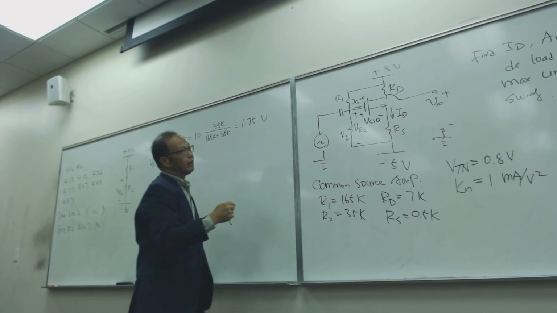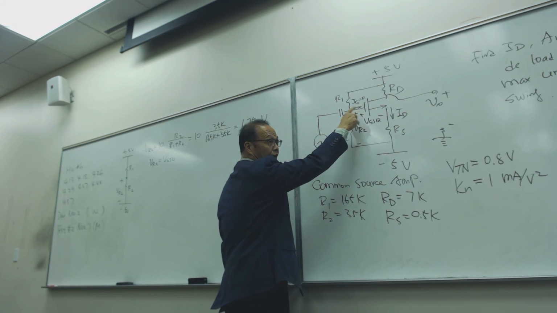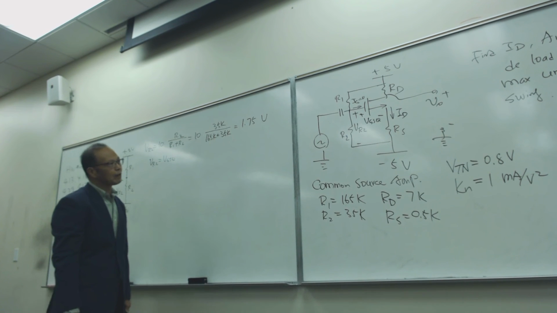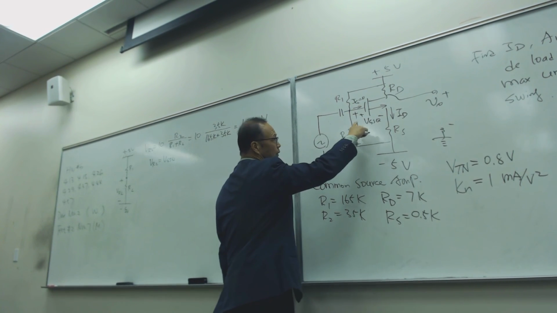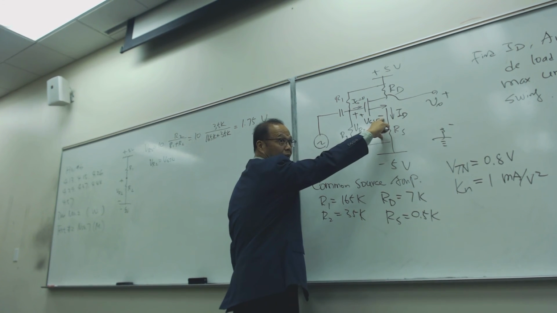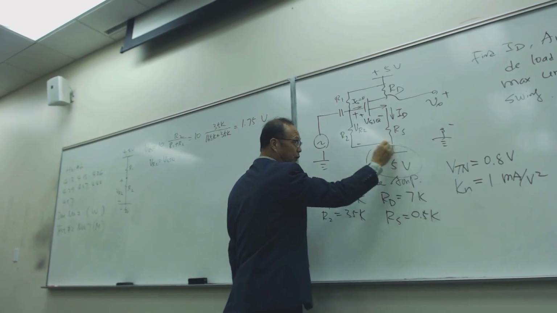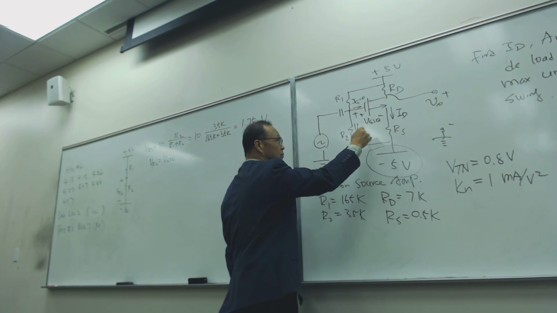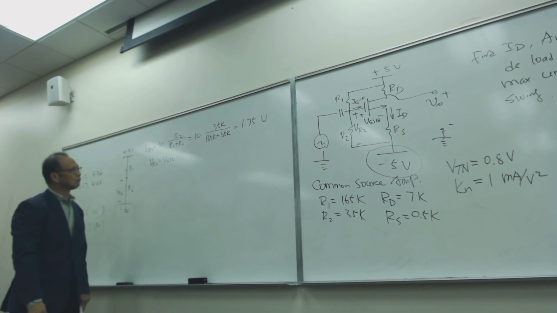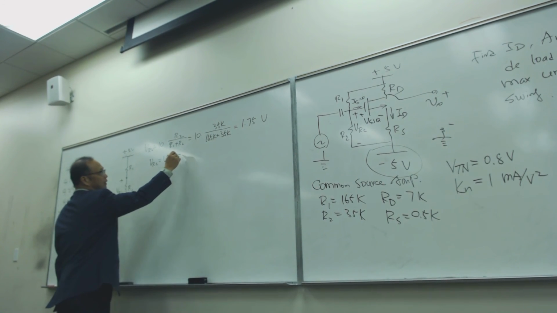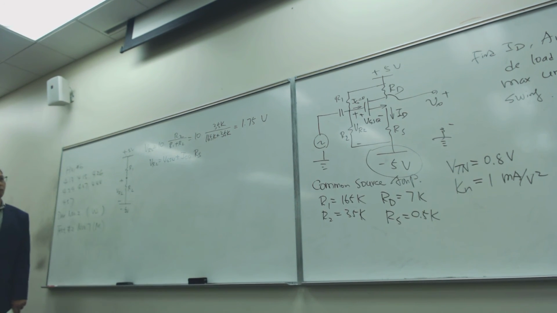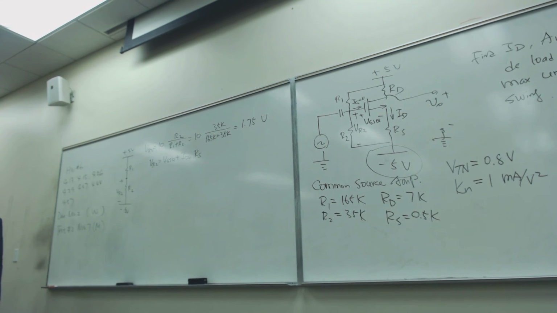So it doesn't matter if you have a resistor or not, there's no voltage drop here, right? Okay? So this voltage, you go around the loop. This voltage is the sum of what? Of this and that, yes? It has nothing to do with that, got it? Because we are talking about this loop, huh? Plus IDQ times R sub S. Right?